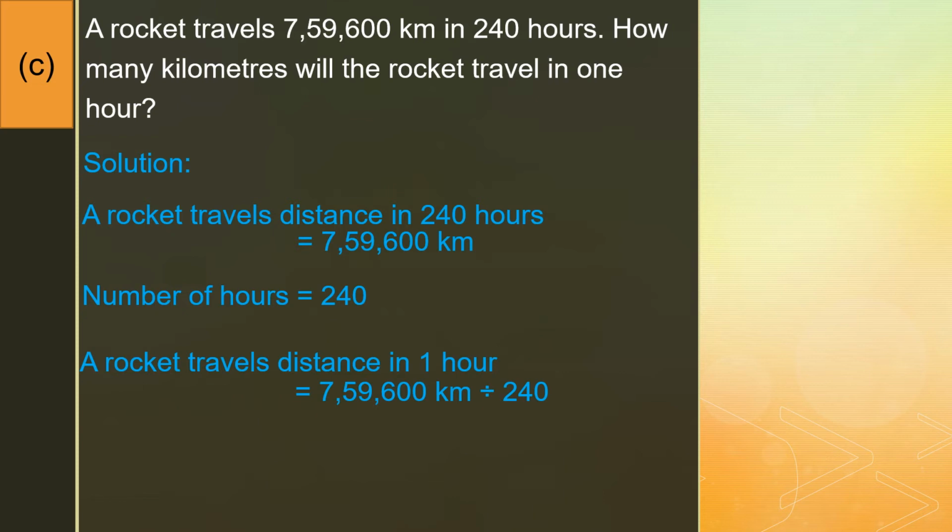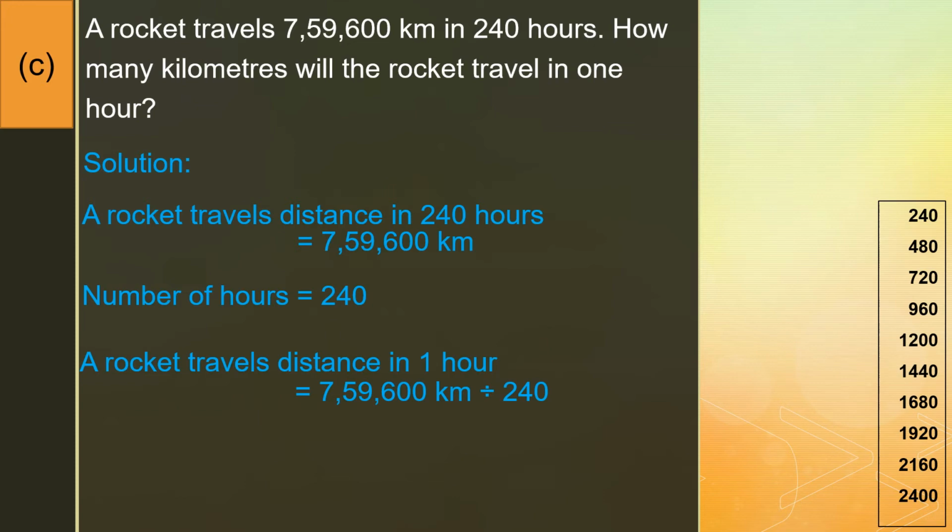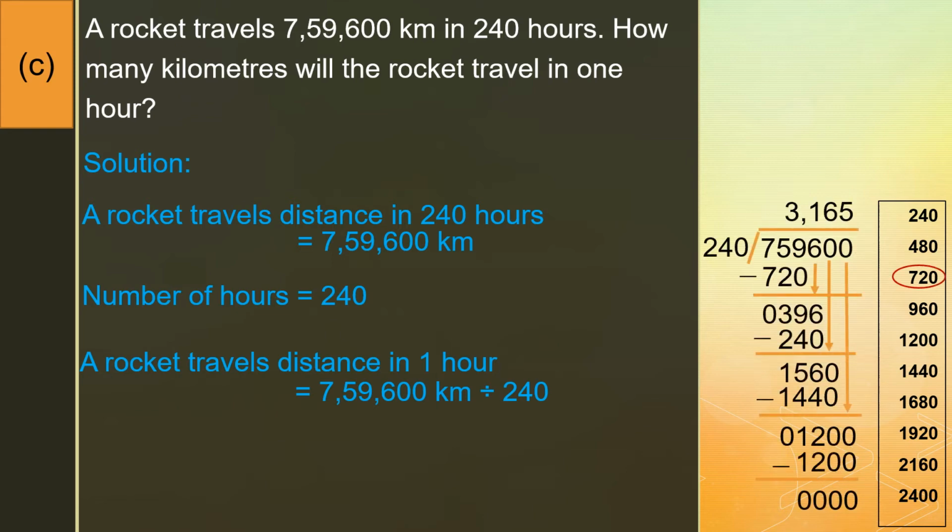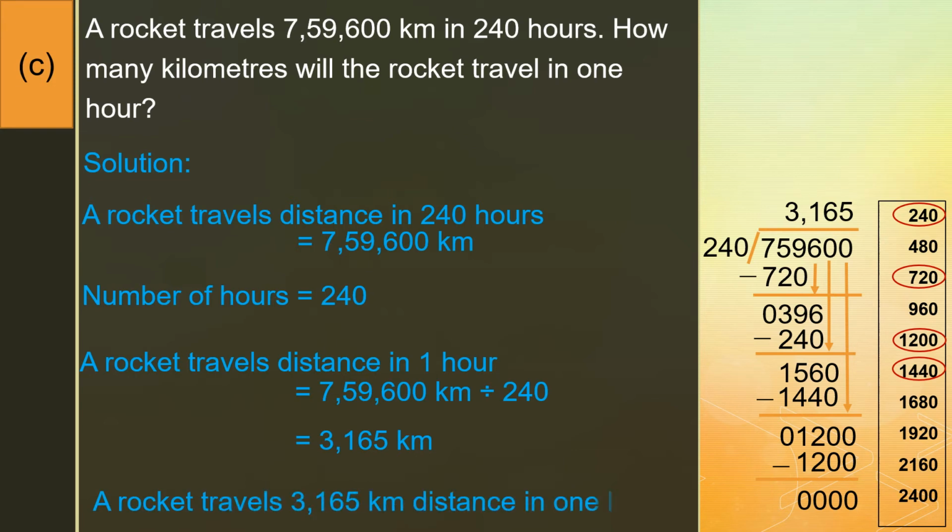In my previous video, I already explained how to do division of large numbers. First, make a table of 240 and then divide 7,59,600 km by 240. So pause the video and do the division on your own and check the answer. The answer is 3,165 km. And the last statement is a rocket travels 3,165 km distance in 1 hour.